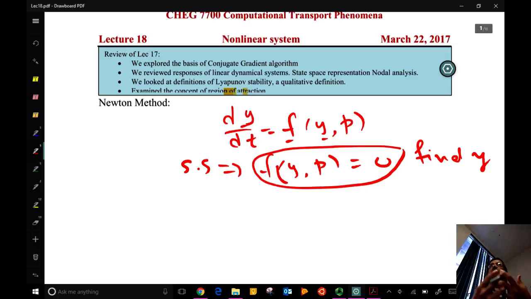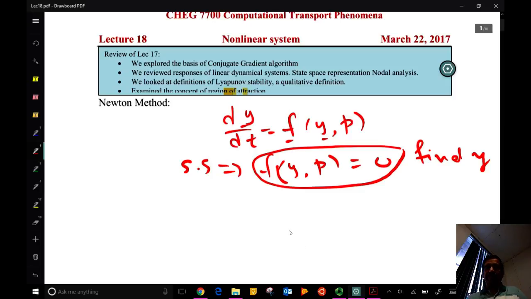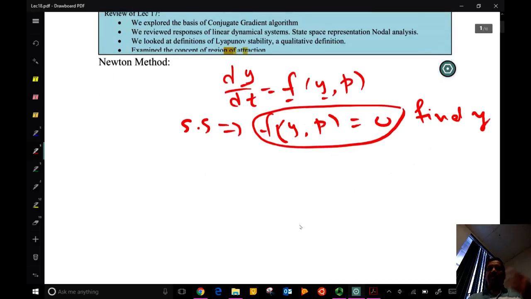But I want to first talk about the ideas behind the Newton method, the Euler-Newton method, the challenges in the Newton method, and how we implement it. All these issues. We have already talked about the Newton method for a single algebraic equation as a linearization of the function.